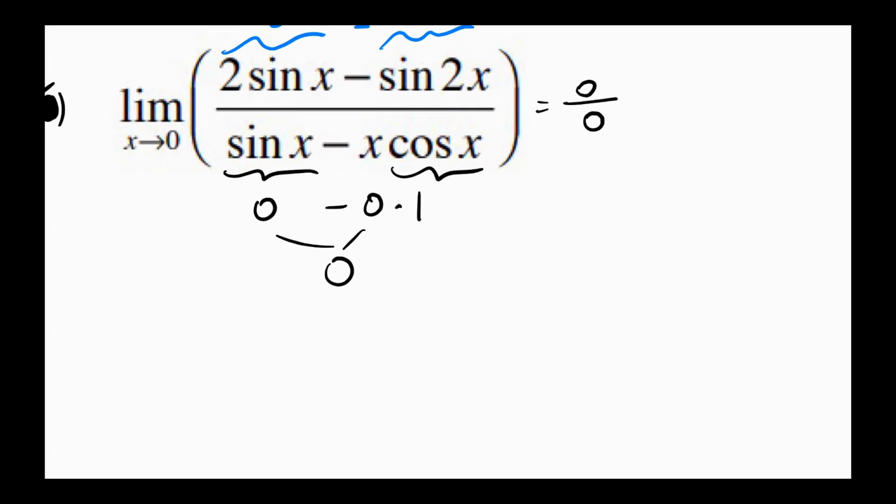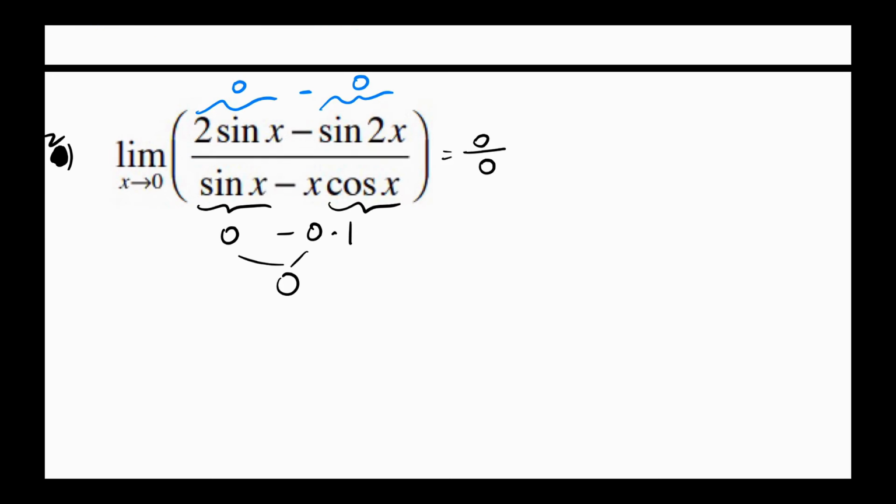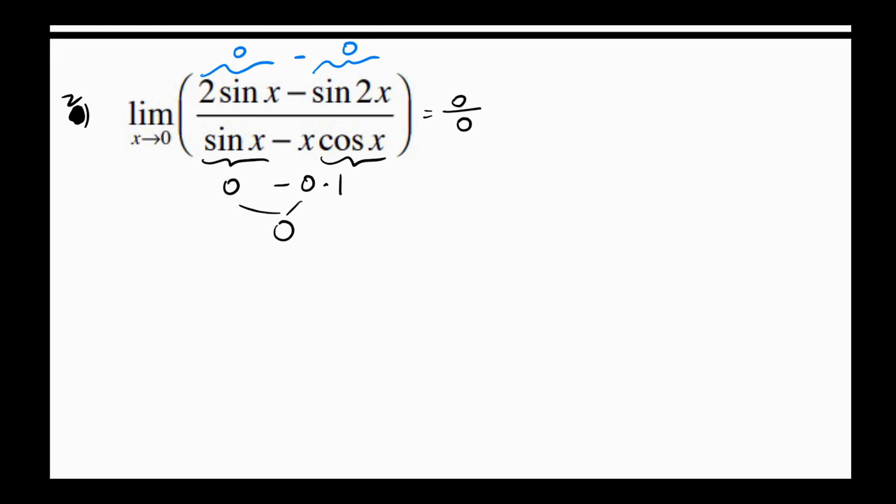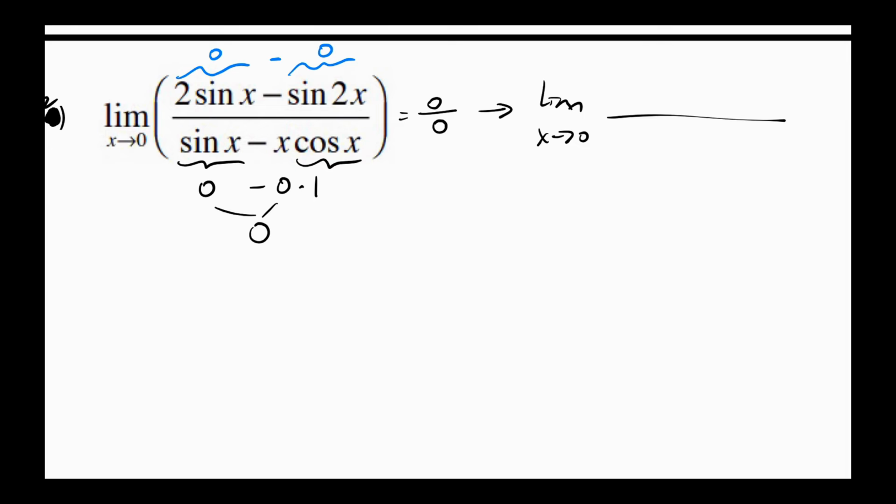L'Hopital's rule. Okay, so L'Hopital's rule says find the derivative of the top, find the derivative of the bottom. So the derivative of the top, 2 times sine of x: the derivative of sine is cosine, so it's just 2 cosine, minus.